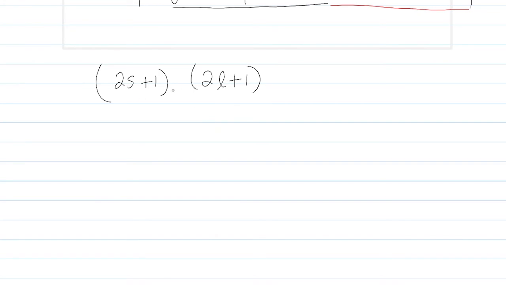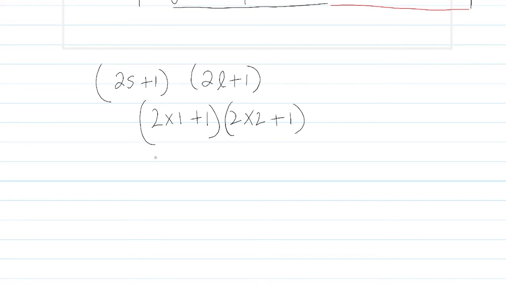So the maximum value of S was 1. So 2 into 1 plus 1 multiplied by 2L plus 1. Okay, what was the maximum value of L? 2 into 2 plus 1.